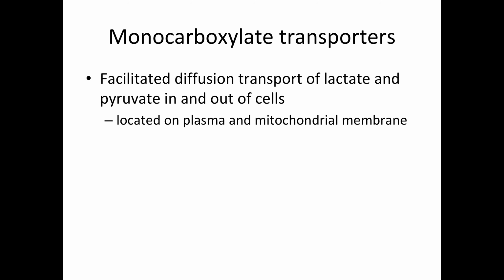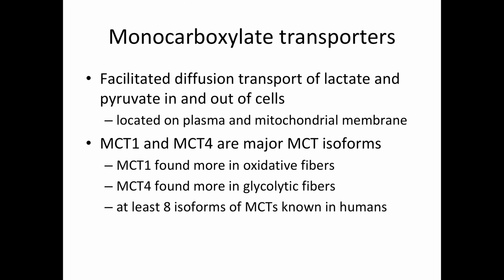As we mentioned with the LDH enzyme, there are also different isoforms of monocarboxylate transporters, just different forms of the same protein. From what I understand, there are at least 8 different isoforms of monocarboxylate transporter proteins.